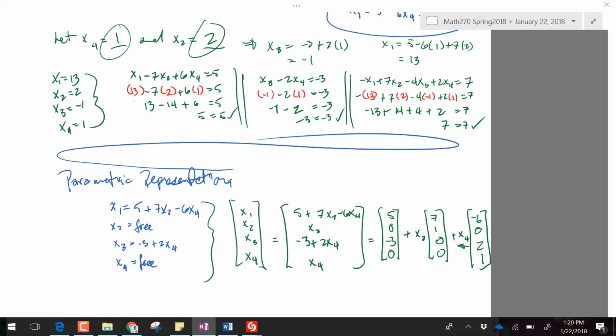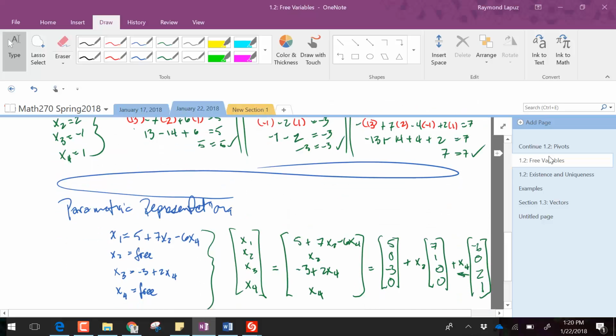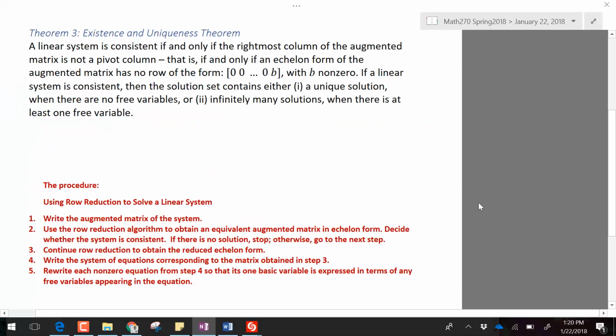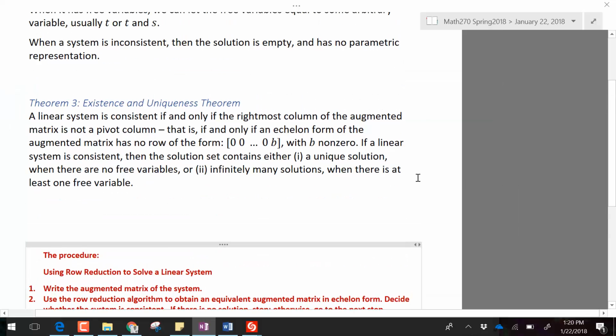All right. So, existence and uniqueness theorem. A linear system is consistent if and only if the rightmost column of the augmented matrix is not a pivot column.